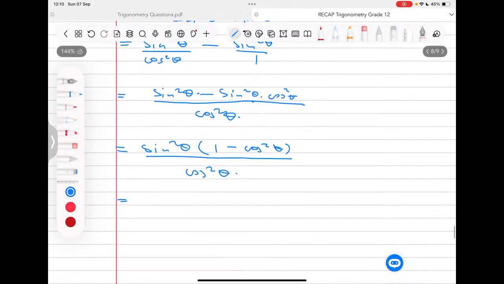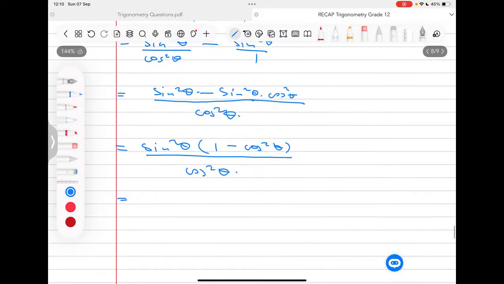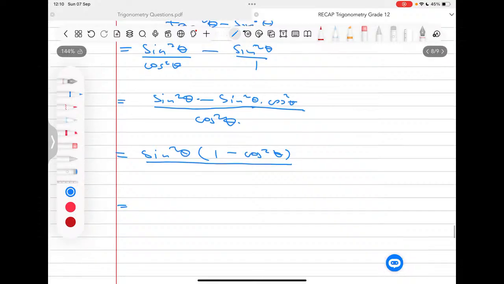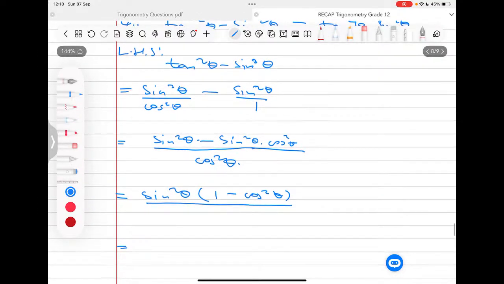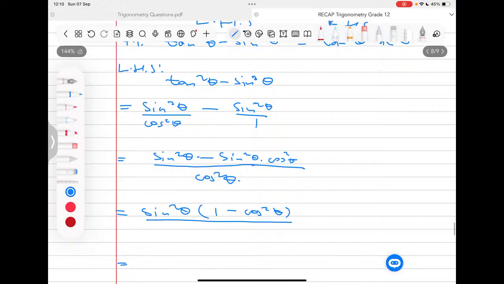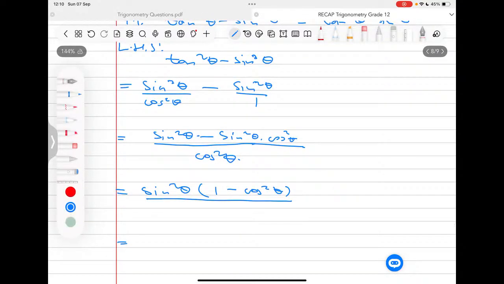But in fact what I can do is change this to its identity, because I can see now they cancel out. Nope. What I wanted to do was change this to a 1 minus sine squared theta. It's not going to help me. So I think I'll leave this as it is now.